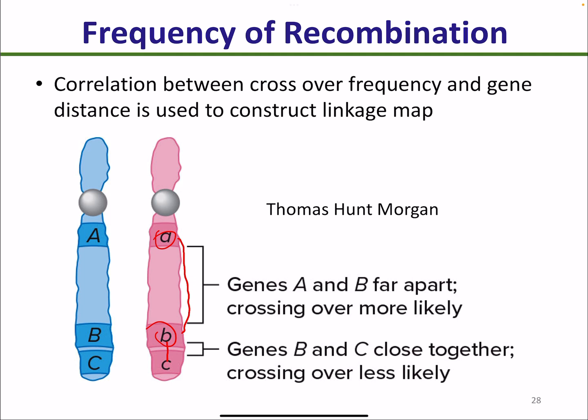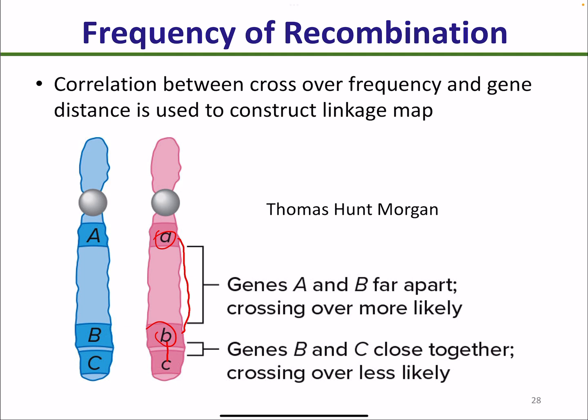Now, we can actually determine how far apart A and B are, and B and C are, and A to C are, right? This is going to be very important to be able to map the location of the genes on the chromosomes, one in relation to another.